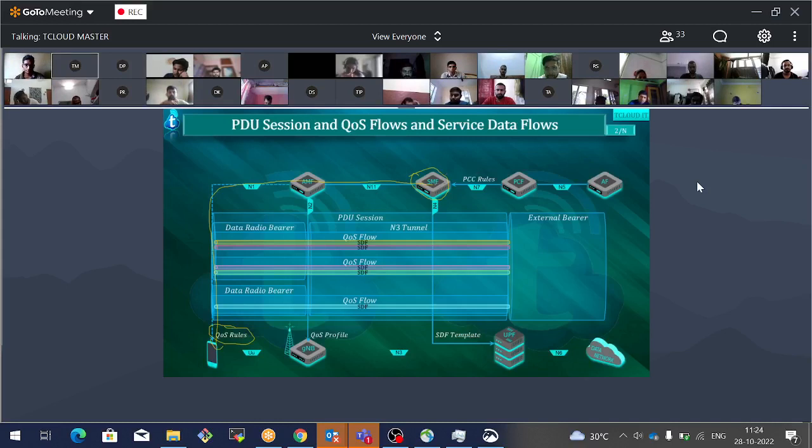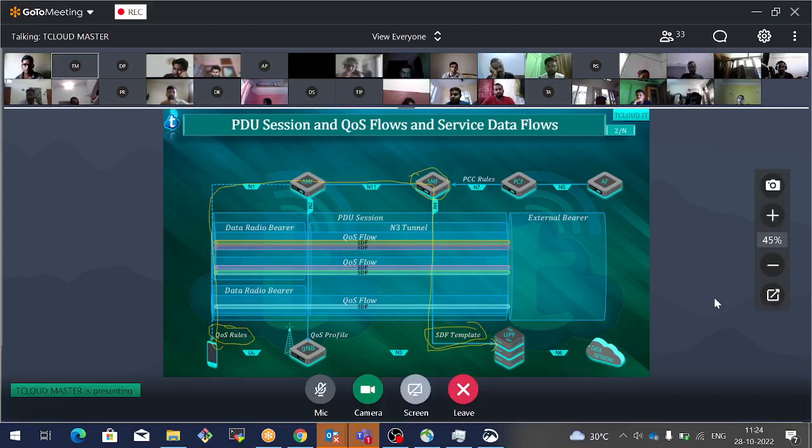Then the SMF conveys this information to UPF in the SDF template. It instructs the UPF that for the data you are getting for this particular subscriber with so and so quality of service properties, when you are sending the data to the mobile with, for example, QFI ID 4, for the QFI ID 4 flow, you please set this RQI bit, the reflective quality of service indication bit, to 1.